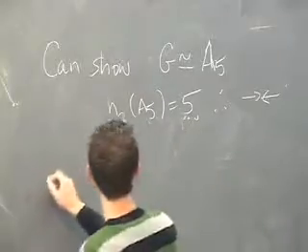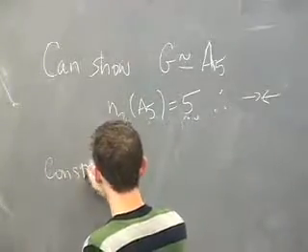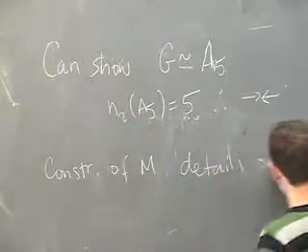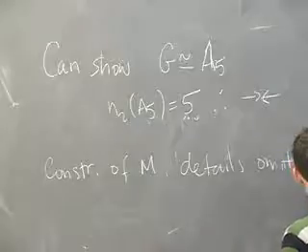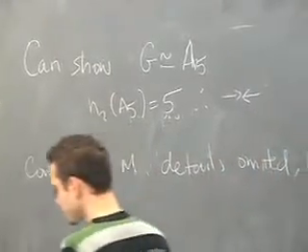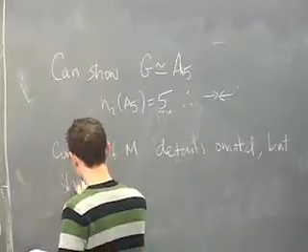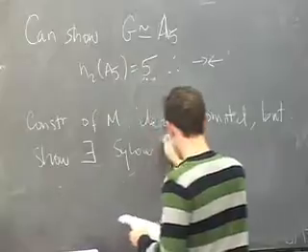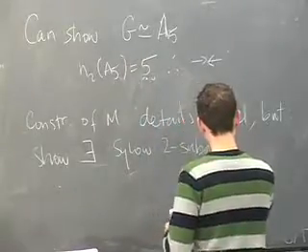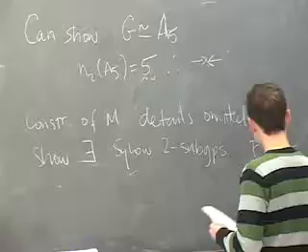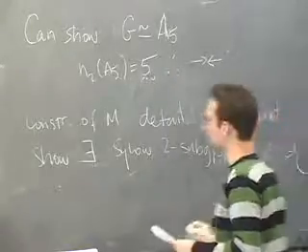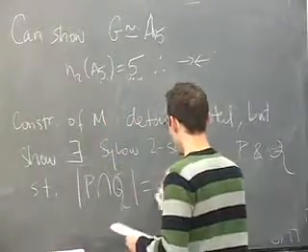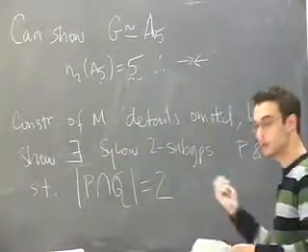Let me write that down, and then you can go home if you're feeling energetic and work out the details. So, construction of M, details omitted, but here's the rough idea. Show there exist Sylow 2-subgroups P and Q such that the order of the intersection is exactly 2, so they intersect in 2 elements.